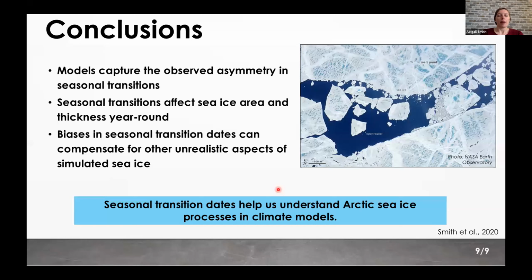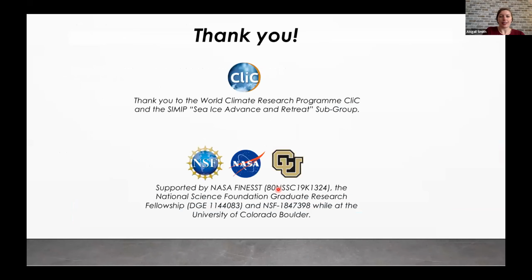And finally, biases in seasonal transition dates can compensate for other unrealistic aspects of the simulated sea ice, at times leading to September ice areas in agreement with observations for the wrong reasons, which speaks to the importance of using more process-based metrics to evaluate sea ice and climate models versus just using September sea ice area alone. So hopefully I've convinced you that these sorts of dates can help us understand Arctic sea ice processes and climate models, and I'm happy to take any questions and looking forward to the discussion.